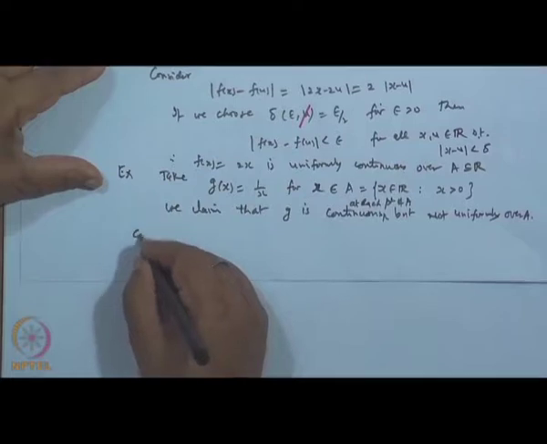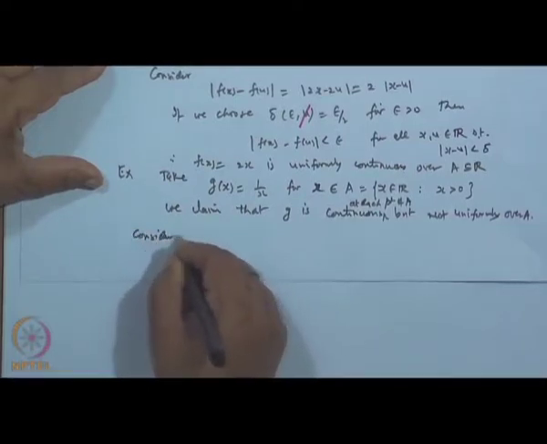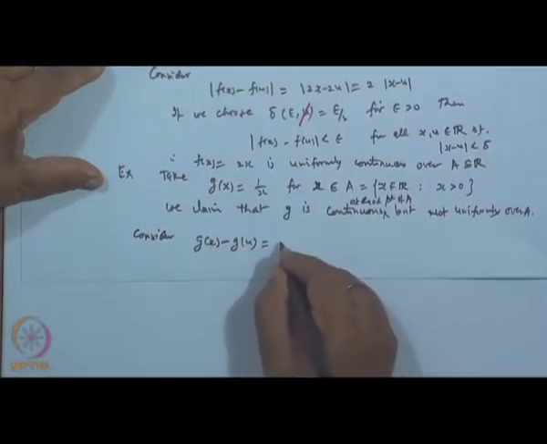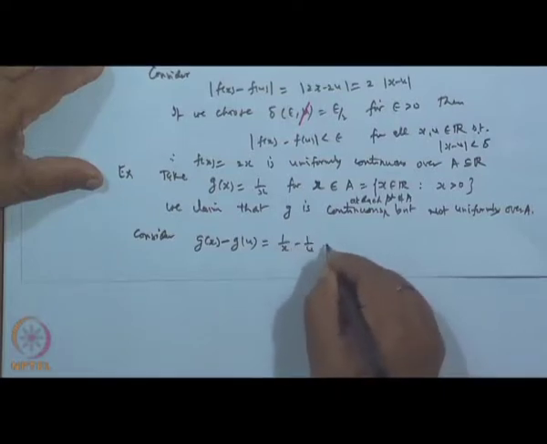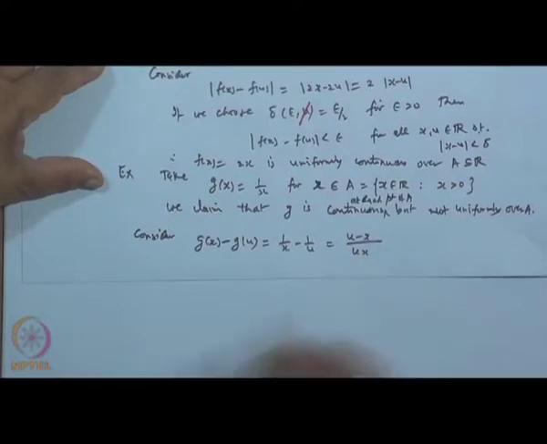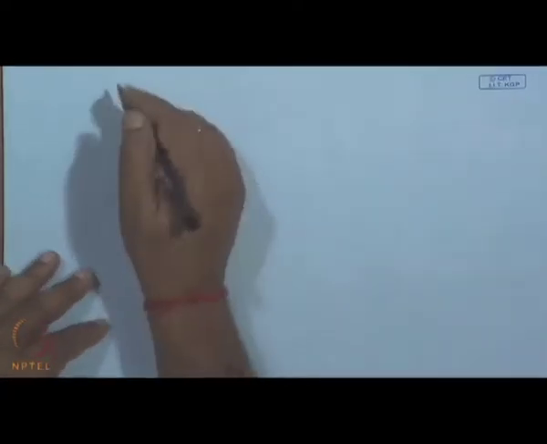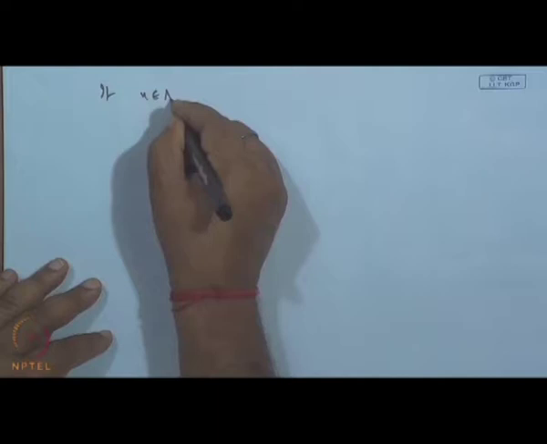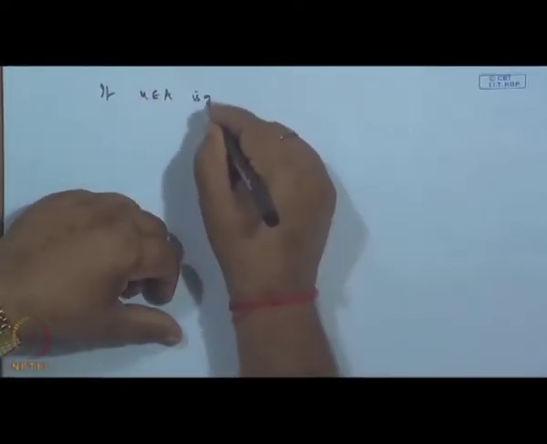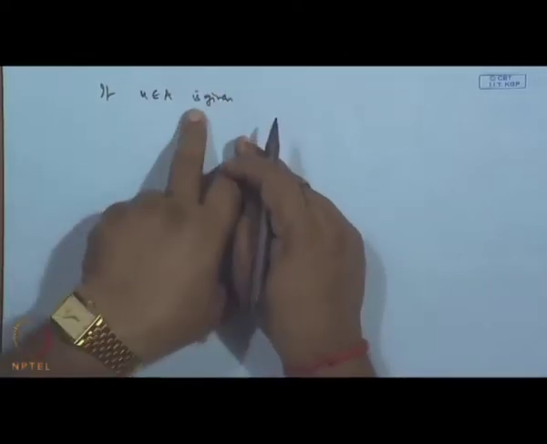Let us consider g(x) minus g(u). This is equal to what? 1/x minus 1/u, which is the same as (u minus x) over ux. Now, suppose u belongs to A is given, where we want to test the continuity.